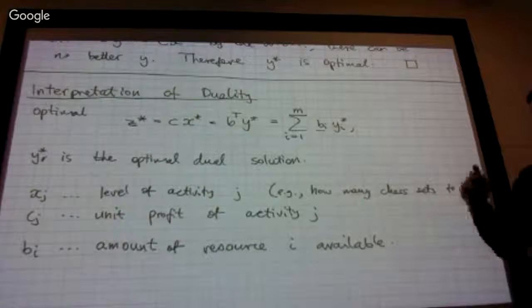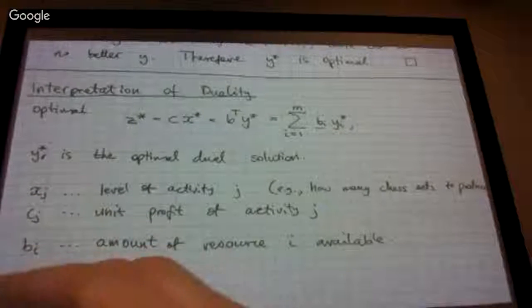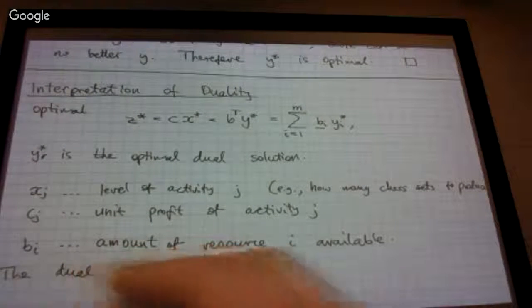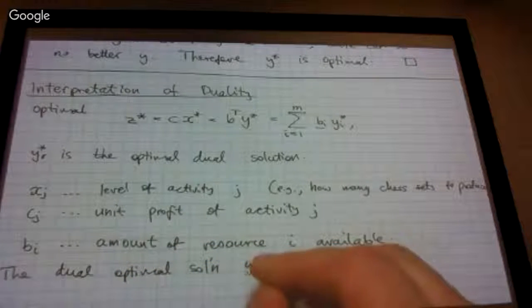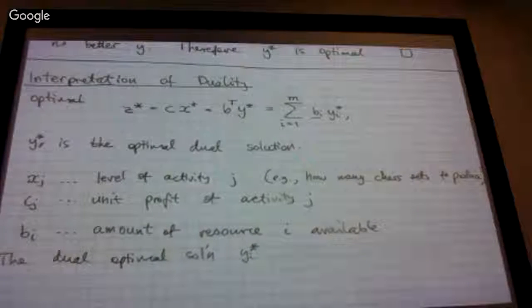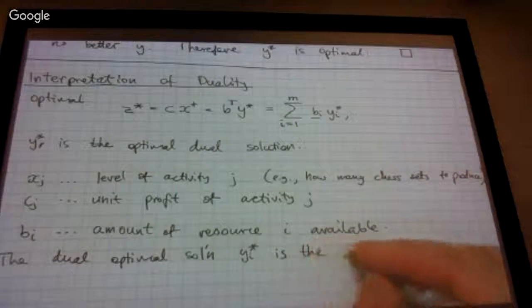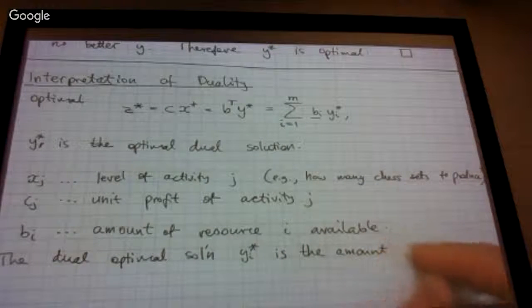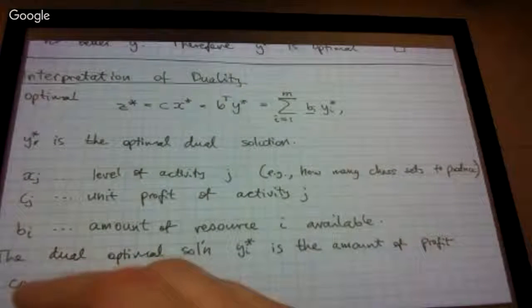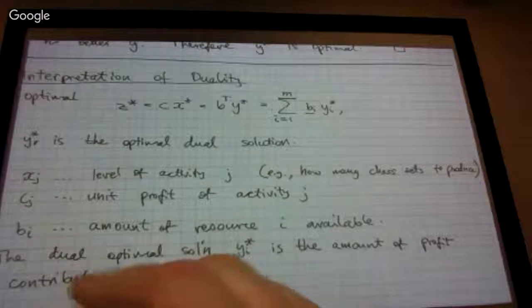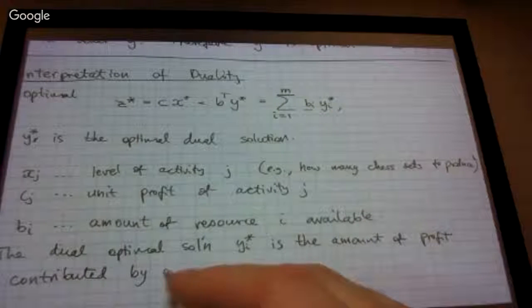So in some sense, this dual optimal solution is the amount of profit which is contributed by 1 unit of that particular resource.